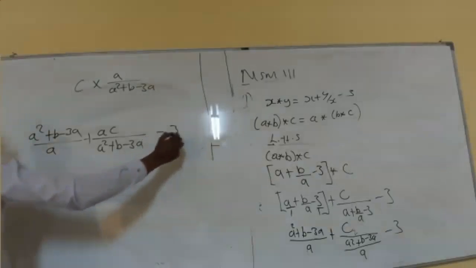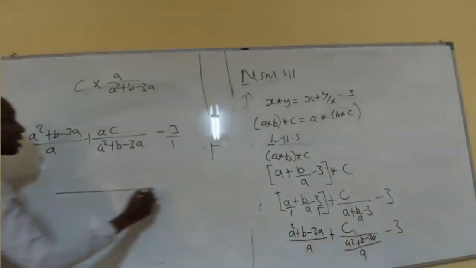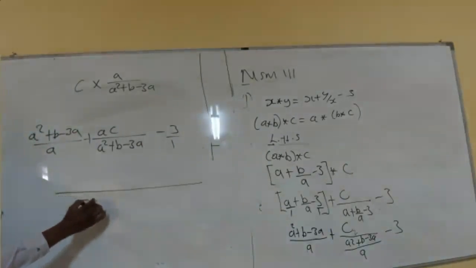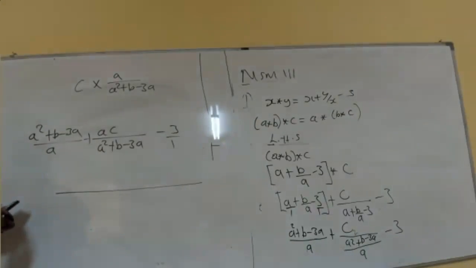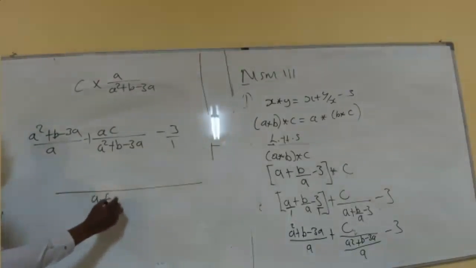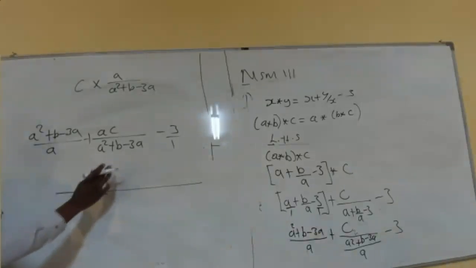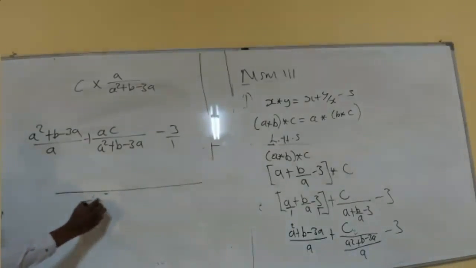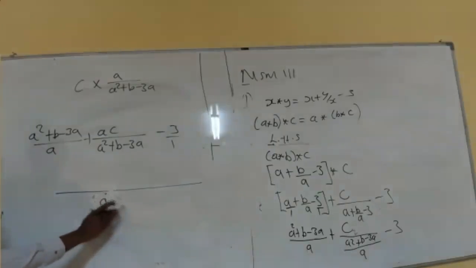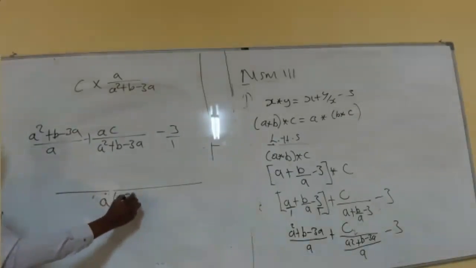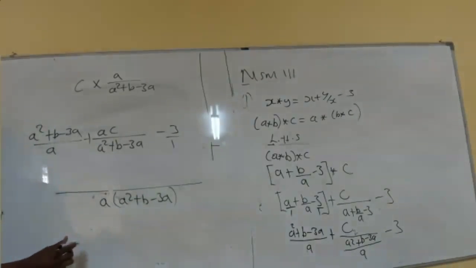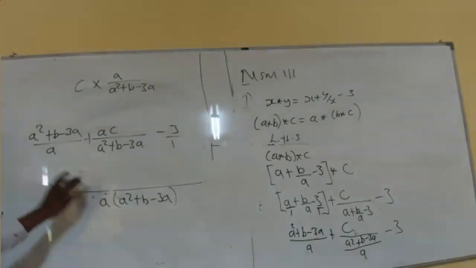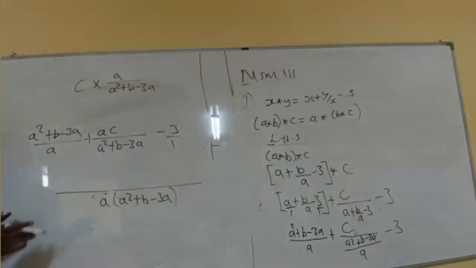So now, if I say this is over 1, what's the common denominator now? The common denominator is A multiplied by this, right? So basically speaking, the common denominator now is A, but if you're multiplying by A, then we can actually say A to the power 3. A multiplied by A squared plus B minus 3A is the common denominator. Then A into A, so this is the same as B multiplied by this, alright?